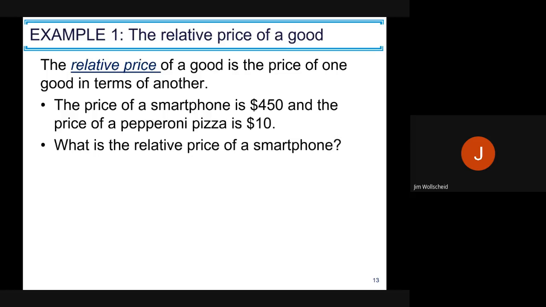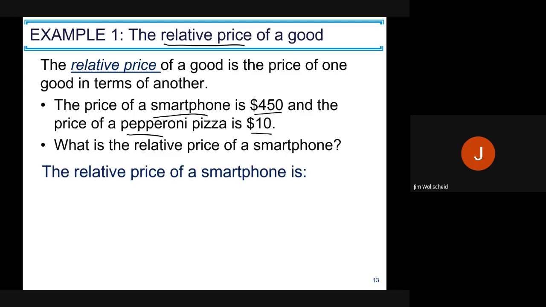So here's an example, kind of the relative price. If I went to the store and I see that the smartphone price is $450 and the pepperoni pizza is $10, what's the relative price or the real price of a smartphone?